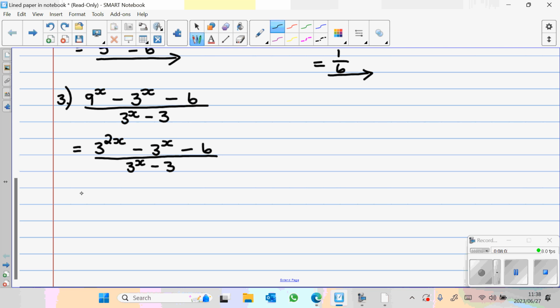And like I said, they will cancel out. So one of the brackets will be 3 to the power x minus 3. The other bracket will therefore be 3 to the power x plus, because otherwise I won't get minus 6. It must be a minus times a plus to get minus 6, and it must be 3 times 2 to get 6.